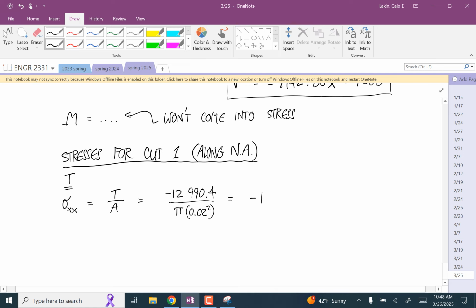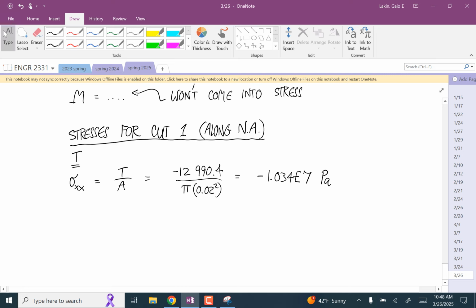And you get negative 1.034 times 10 to the 7 pascals. So for every x value, the stress tensor due to internal tension everywhere on the cross section, including the neutral axis, is negative. I'll write it as negative 10.34 in megapascals.